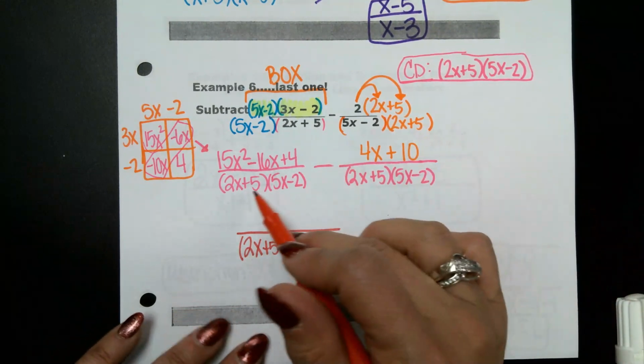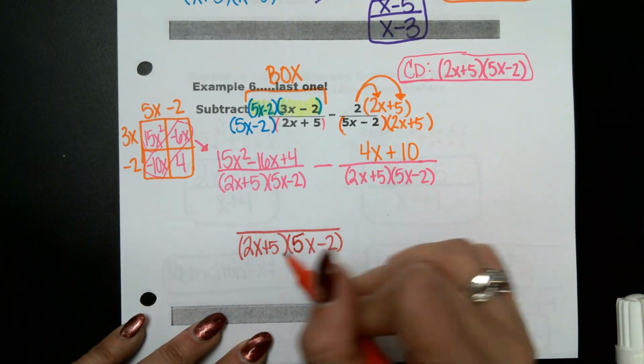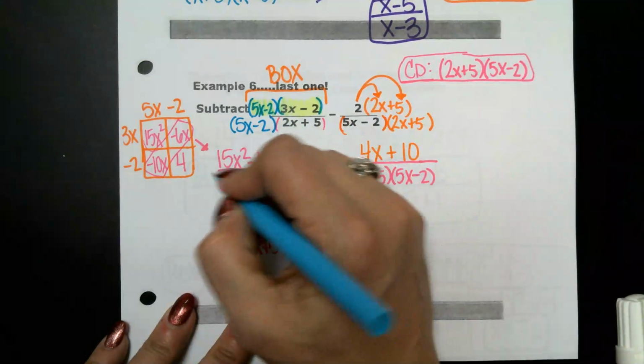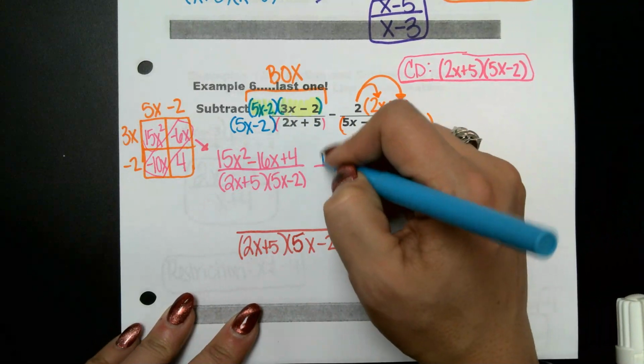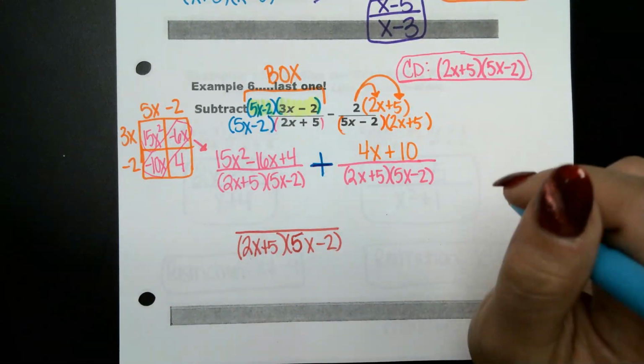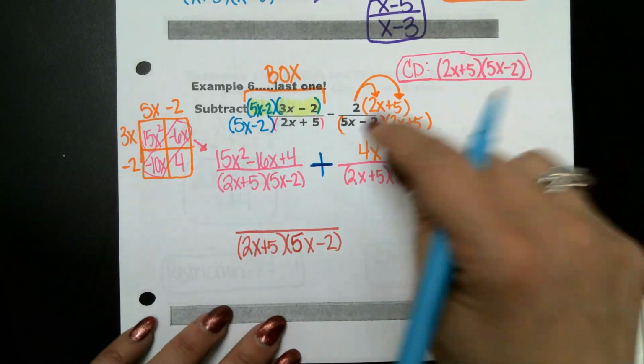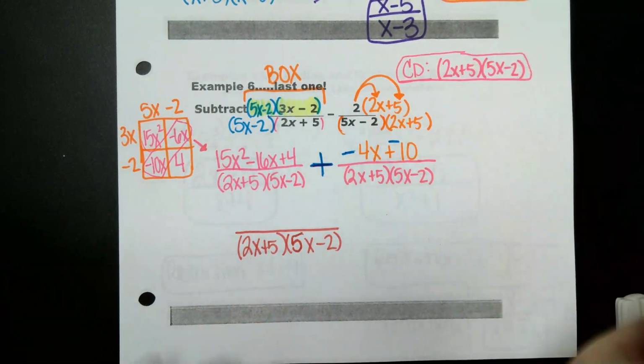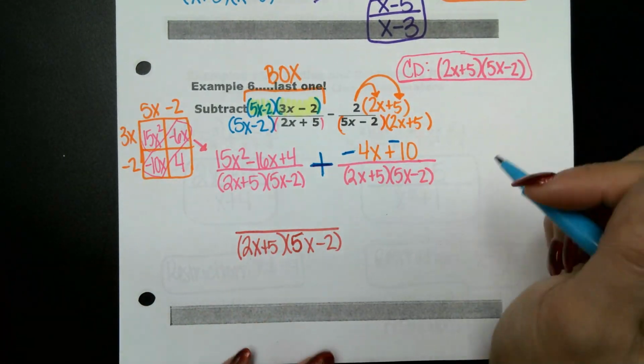All right, so we've got our common denominator, so now we're going back to just one fraction. Minus, it's a subtraction problem. What do I need to do? Keep changing. Okay, so these stay the same. This is your first change, and then everything in the second numerator changes. So negative, negative. Now go ahead and pair everything up.